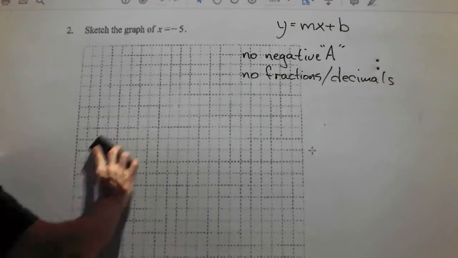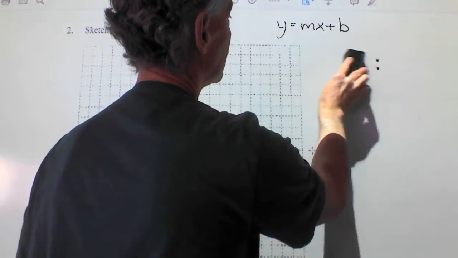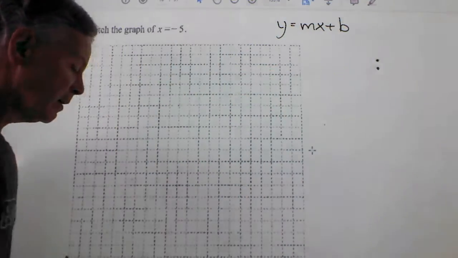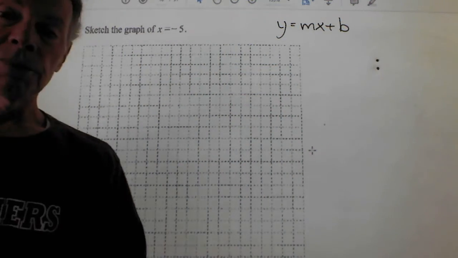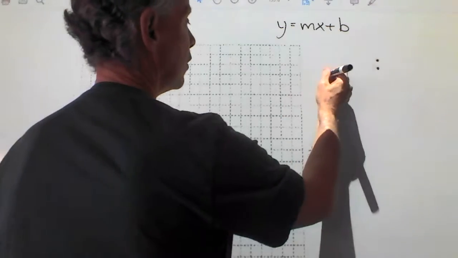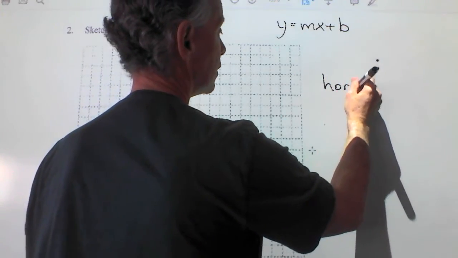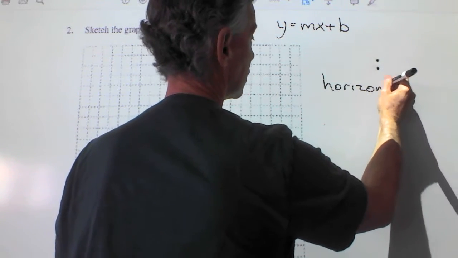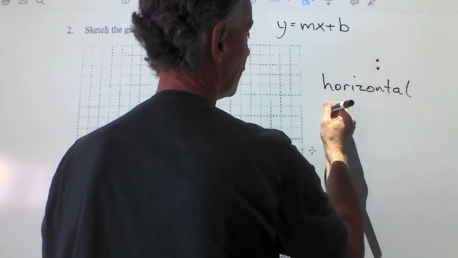Now, remember in a previous lesson, I told you we had special cases, okay? And those special cases were horizontal lines and vertical lines.